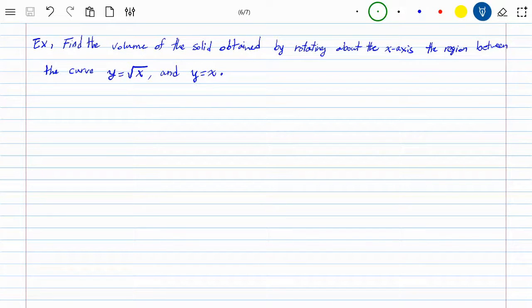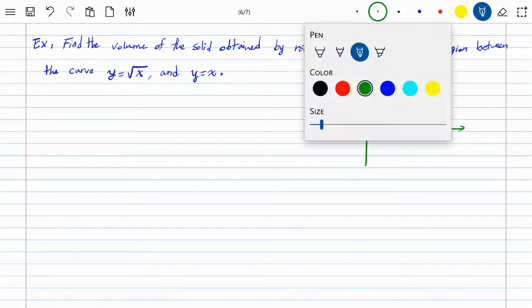Here we have a solid. We have an area between these two curves, square root of x and x. And what we do is we rotate this about the x-axis. So let's see what we expect to get. Let's assume we have these two curves.